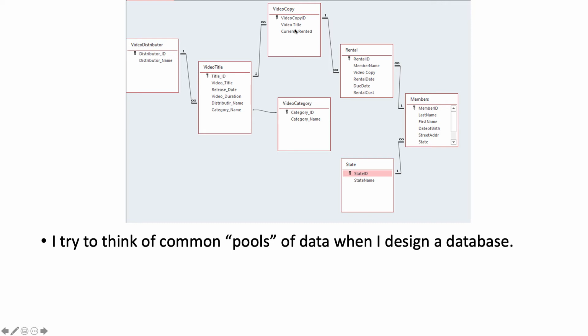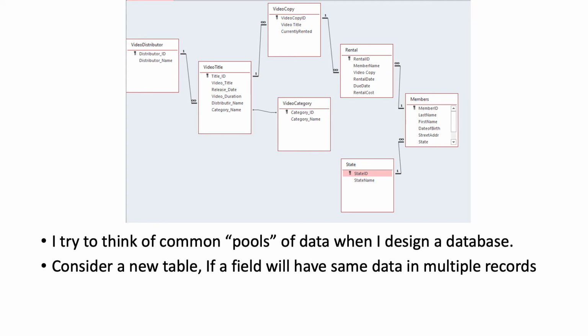And maybe I want to have the purchase date, and maybe even some sort of an accumulator that keeps up with how many times it's been rented out. Although I would advocate against trying to keep those sorts of numbers, because if you're keeping the detailed rentals, you can build that on the fly and it will be a lot more accurate. So think in terms of pools of data and try to figure out which pool a piece goes in.